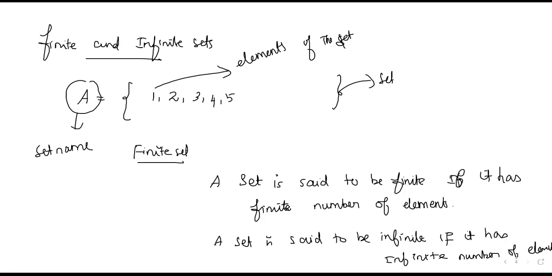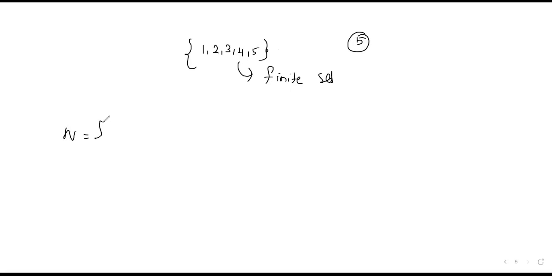A set is said to be finite if it has a finite number of elements, and a set is said to be infinite if it has an infinite number of elements. For example, the set I defined here, 1 2 3 4 5, has a finite number of elements. The total number of elements in this set is 5, so it is an example of a finite set. And the set of all natural numbers: natural numbers start from 1 and go on increasing by one, and have no end.